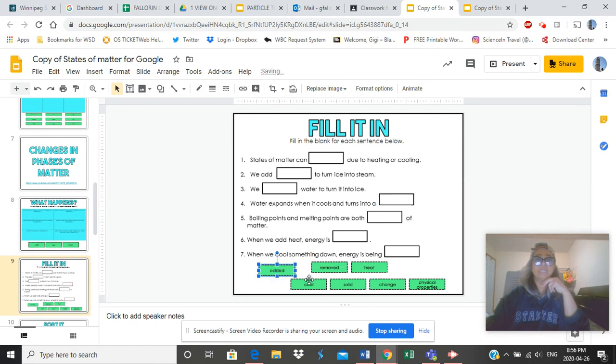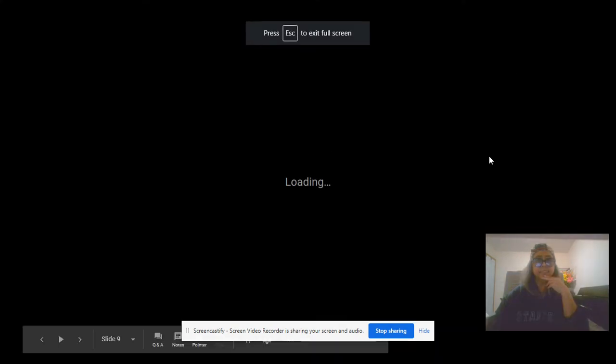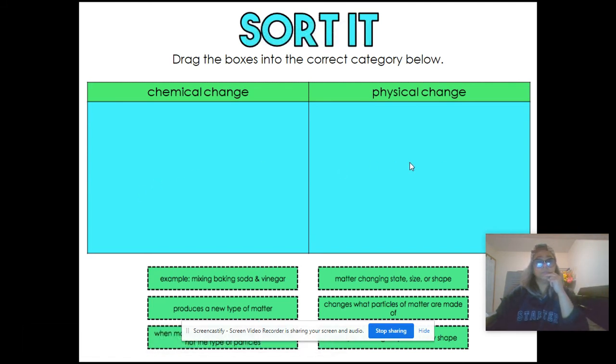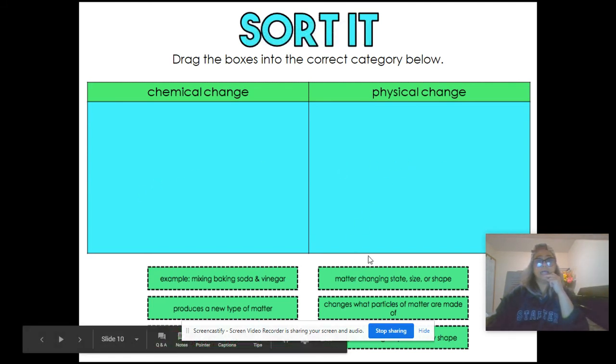Maybe that's not the correct answer. Maybe this one is the correct answer. So you just put it in the proper box and hopefully it fits exactly the green into the white boxes. Now, chemical change, physical change. So try and give it a thought, okay?